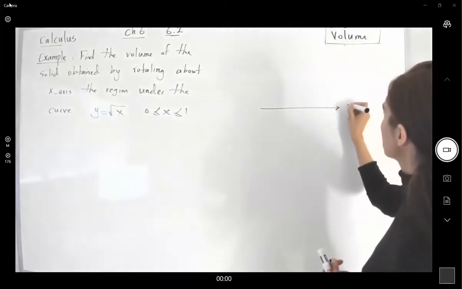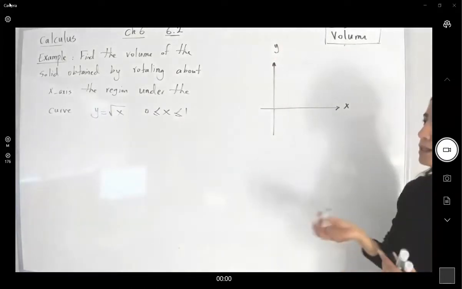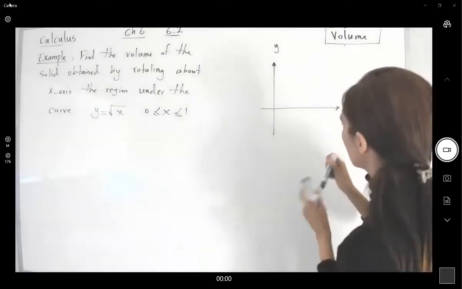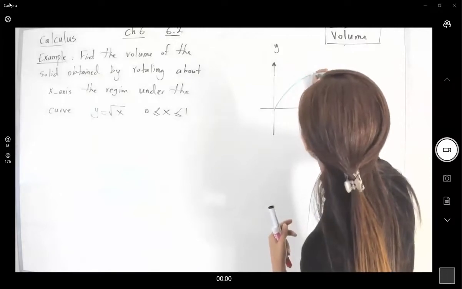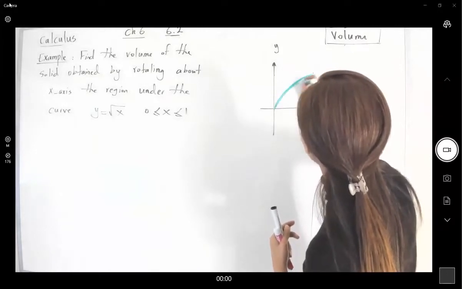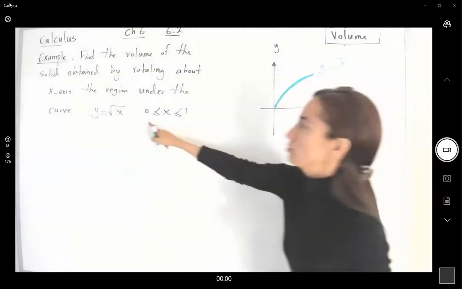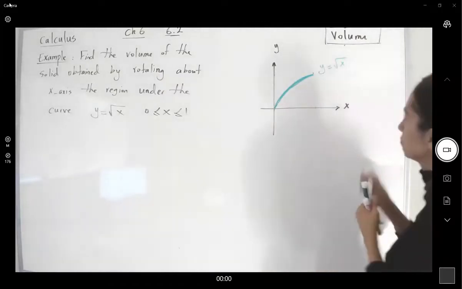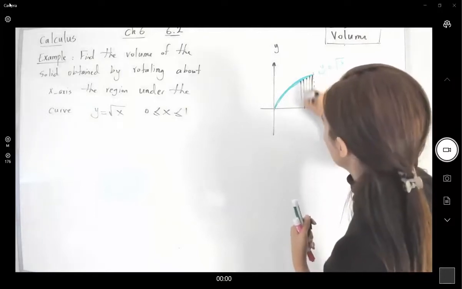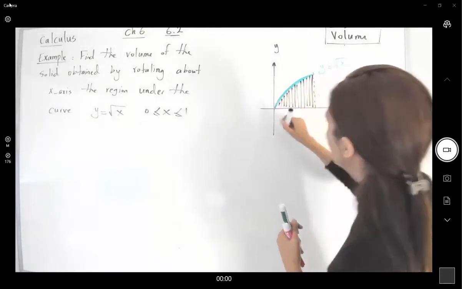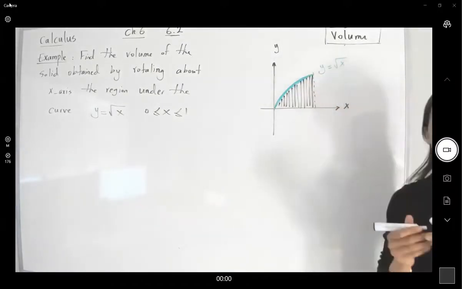We have our x-axis, we have our y-axis. y equals square root of x. We all know that the graph is like this. This is y equals square root of x. My x is bounded between 0 and 1. Okay, 0 and 1. And this is the area that I'm dealing with. This guy says you take this area and start rotating this about the x-axis.